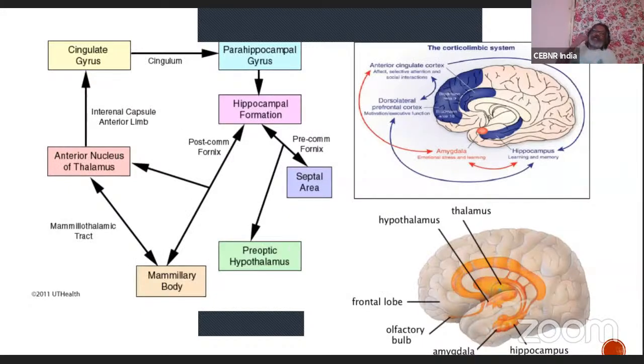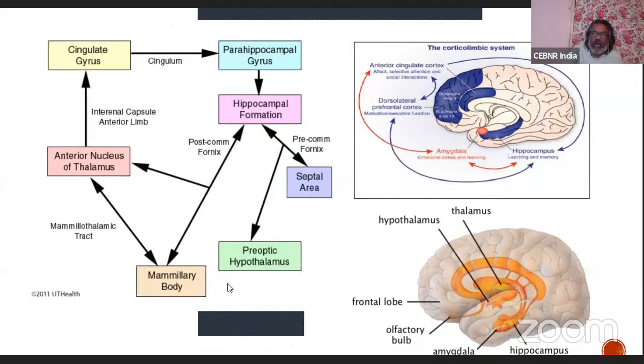So one of the first areas where your fight and fright response happens is in your limbic system, right? From the hypothalamus, it goes to your limbic system, and the limbic system is connected in a sort of complicated manner. But one of the important things you want to understand is how the limbic system is connected.